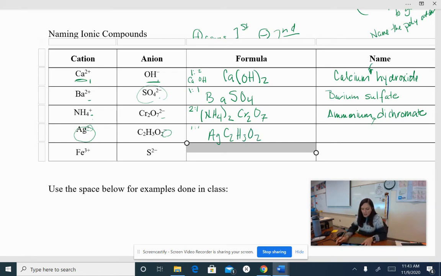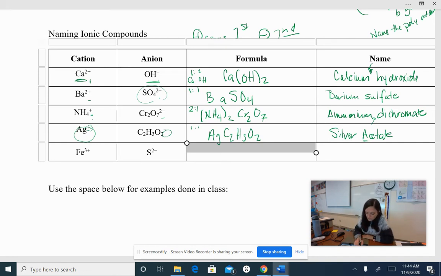Okay, metal comes first. So silver, acetate. And yes, you can capitalize the second word if you want. If you don't want to capitalize the second word, you're fine.